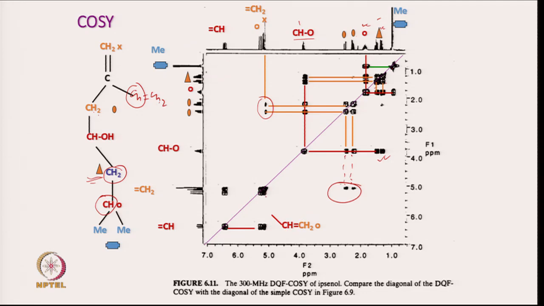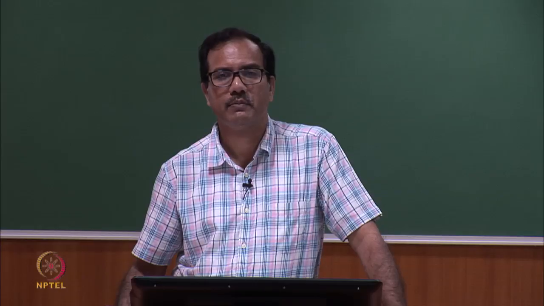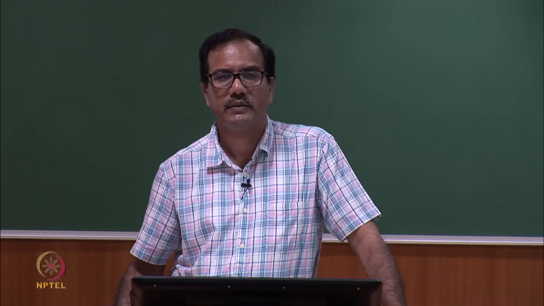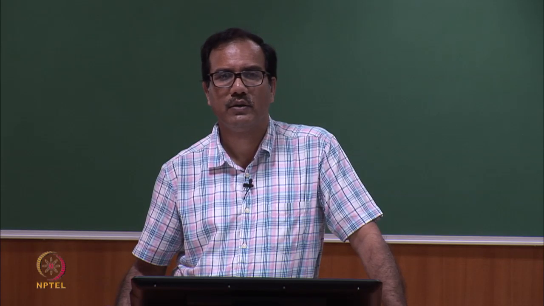So, this CH is correlated to CH2, and these CH protons are shown here and here. So, there is a correlation between this CH2 and this CH, and that can be seen from here. And this is how we correlate different protons, and we assign all the peaks.